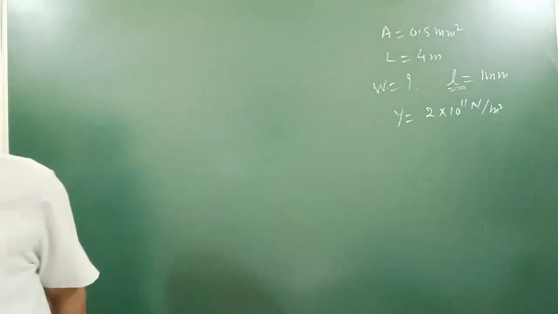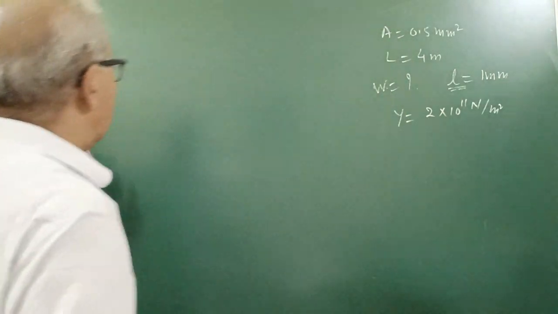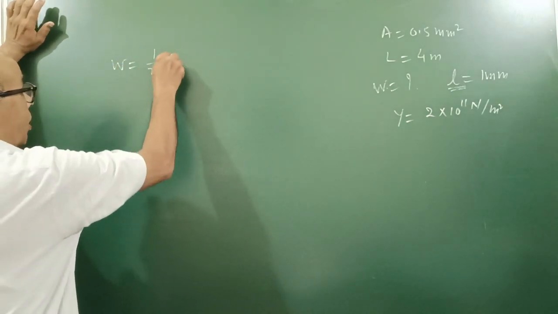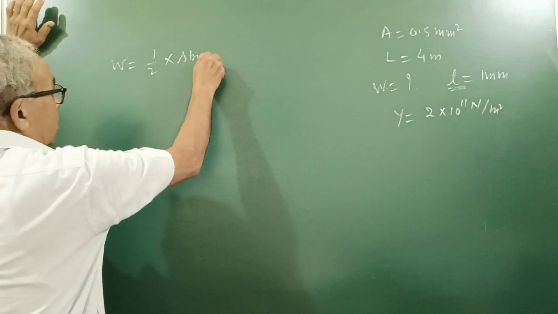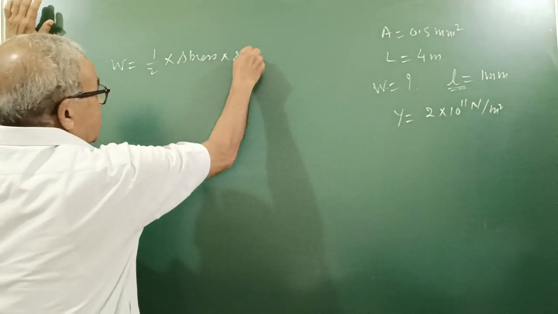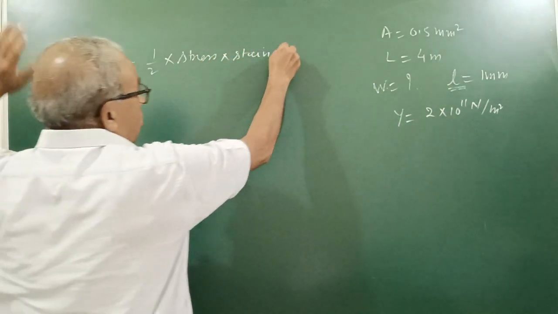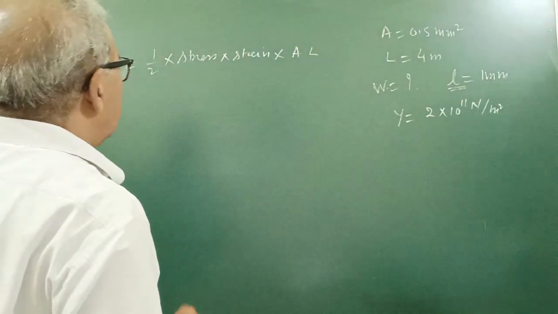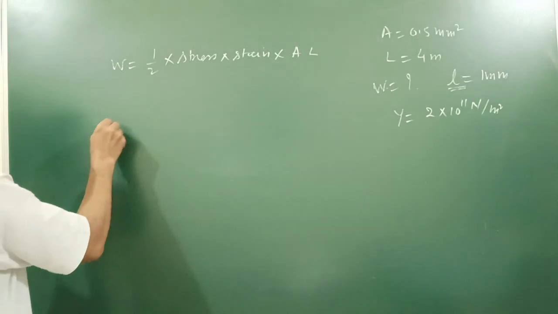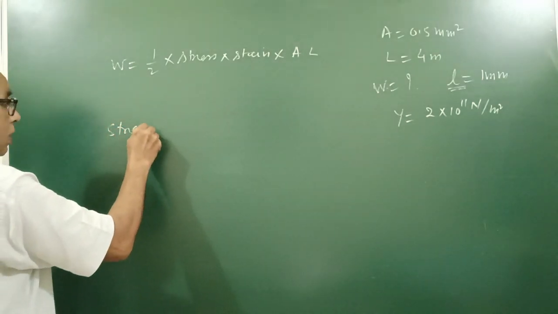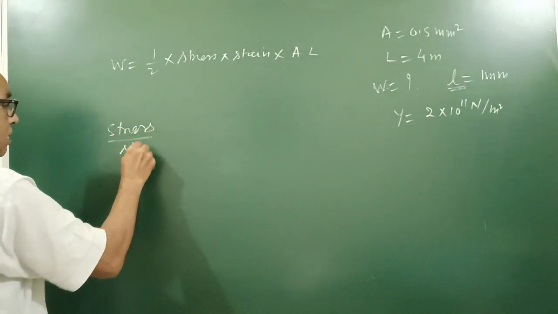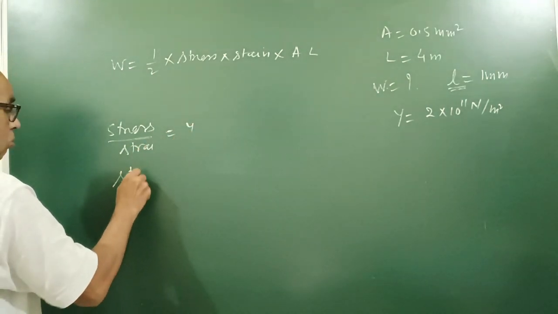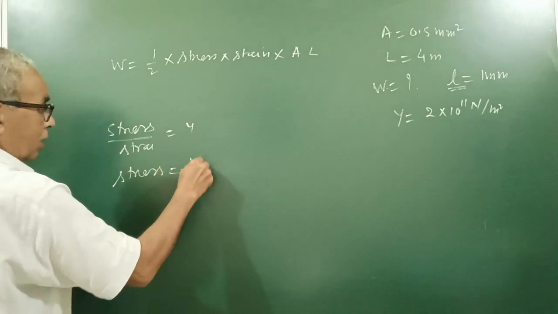While deriving the elastic potential energy of a material, I proved that the work done is half stress into strain into A into L, that is, cross area into length. And you know stress upon strain equals Y, so stress is equal to Y into strain.